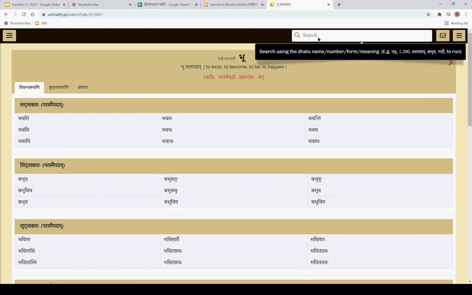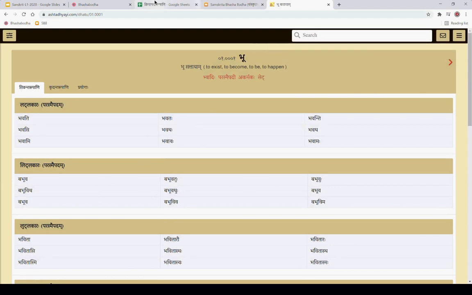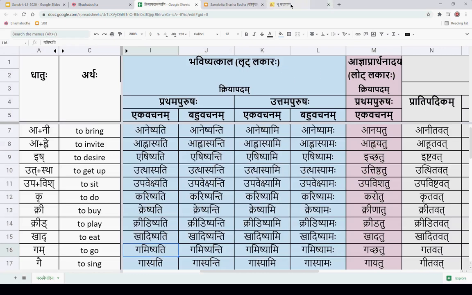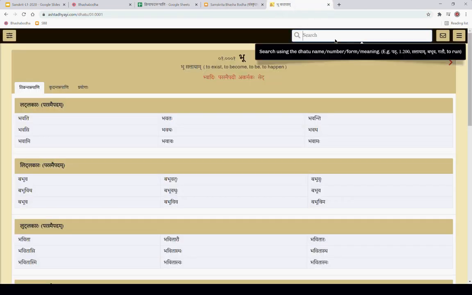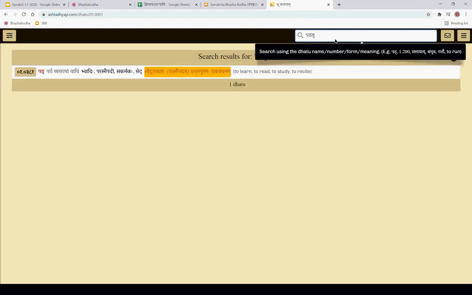Additionally, this search is also very helpful. If you know a form, for example Patatu, you just type Patatu here. You don't need to search by Dhatu. If you know the final form, even in the Bahuvachana form or the Madhyama Purusha, any form, if you type here, say Patatu, that will show Pat Dhatu also here, and in Lot Lakara.